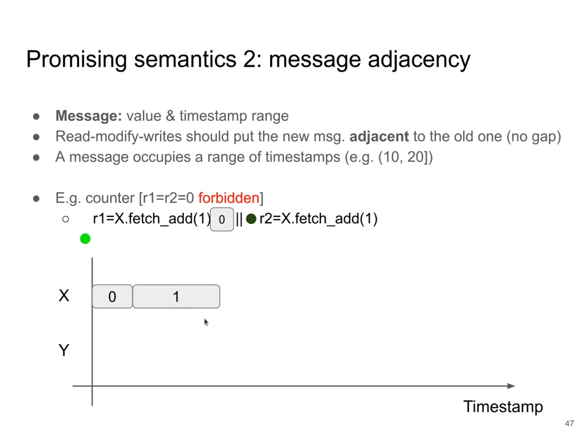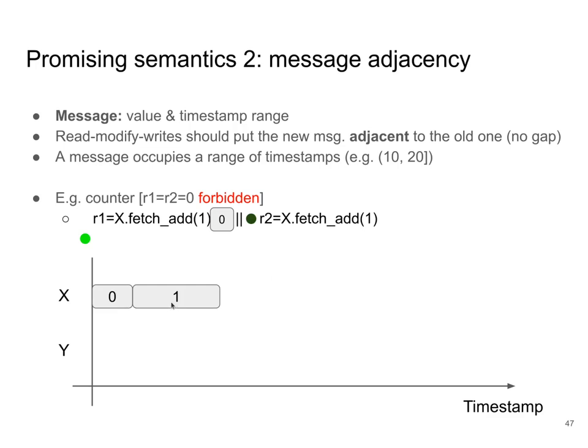Now, the thread 2 is also trying to fetch-and-add 1, but this time it should read 1, because 0 cannot be updated once again as its adjacent position is already taken. From the right thread's perspective, in order to perform a read-modify-write, it should be adjacent to only a single message.